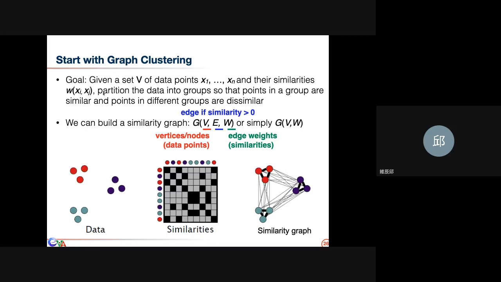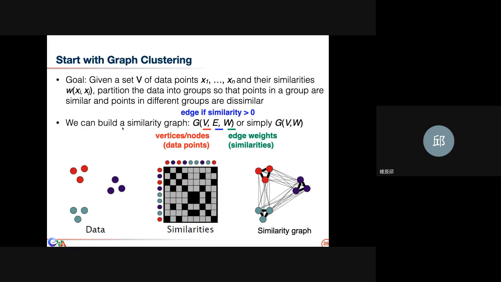Then you try to partition the data into groups such that the points in the same group are similar and the points in different groups are dissimilar, right? This is quite straightforward, and this is your goal.